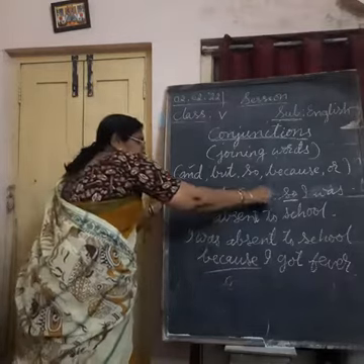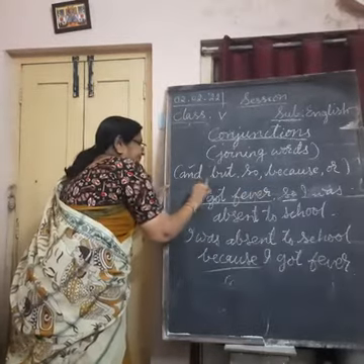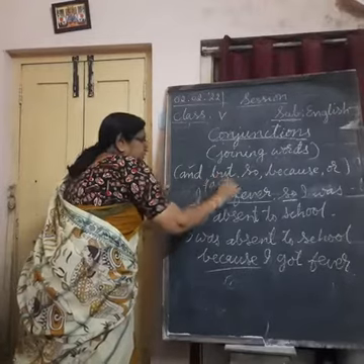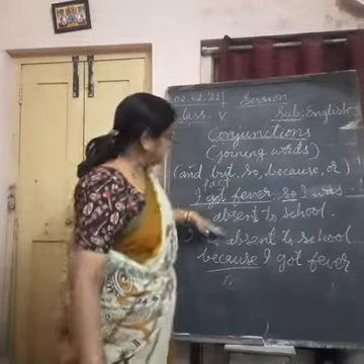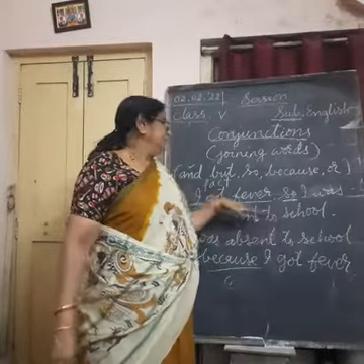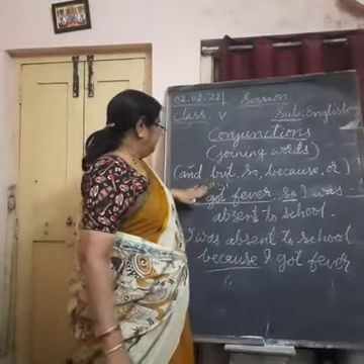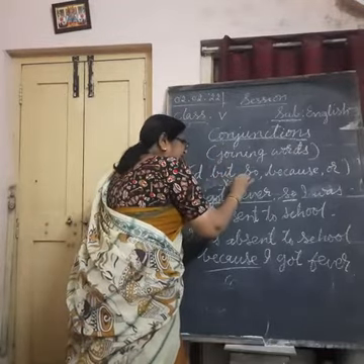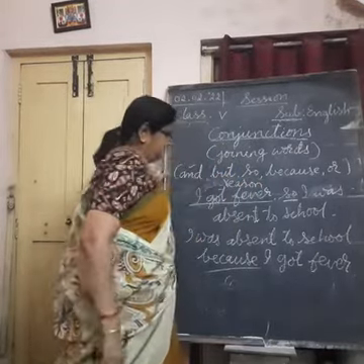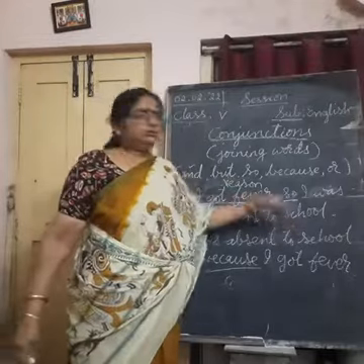I got fever, it is a fact, truth. That you have got the fever. So I was absent to school. Reason. I got fever, it is a reason. I was absent to school is a fact.